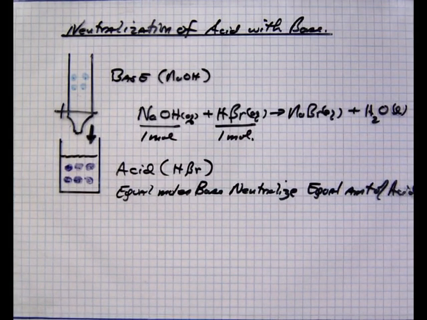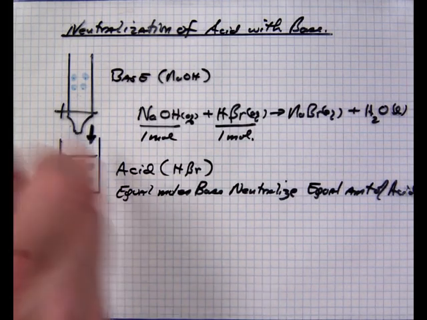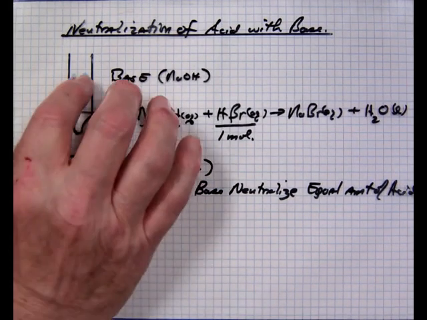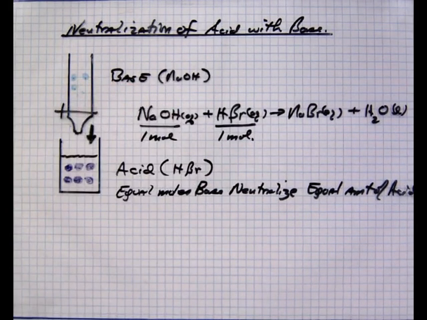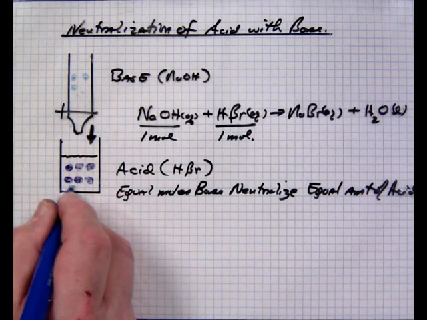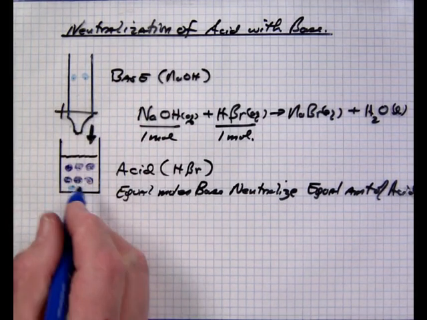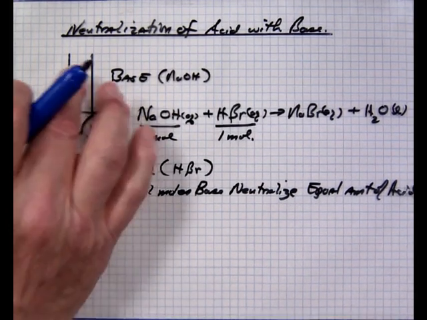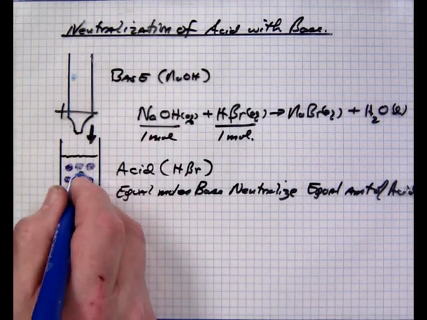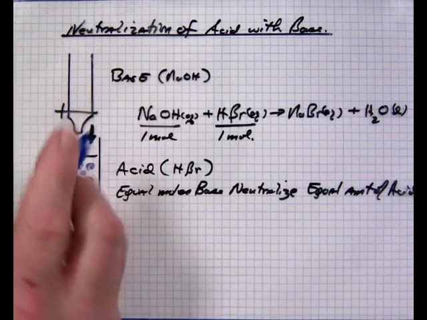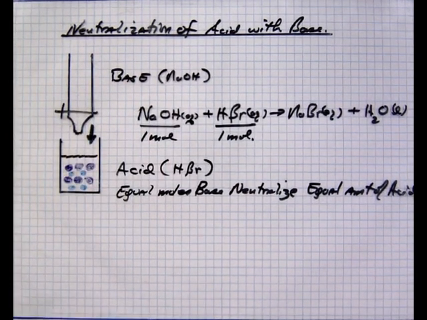If we add any additional base into the solution, right here, then all we have is a basic solution. It doesn't react with anything. If we add another one, we have another, and then we continue this, all we have is an increasingly basic solution.